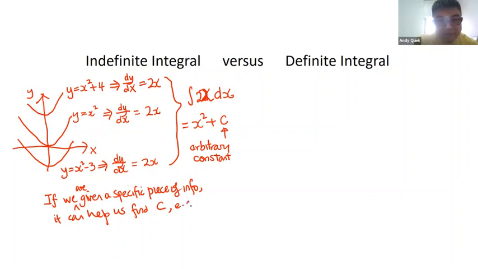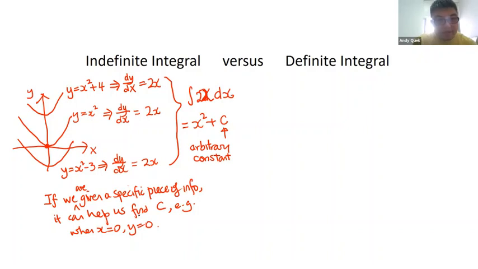What kind of info are we talking about? Maybe we are told that when x equals 0, y equals 0, meaning the original curve is that specific one, the only one that passes through the origin.